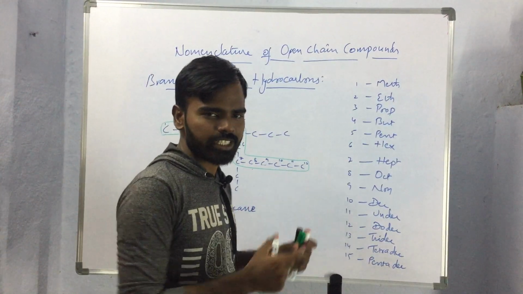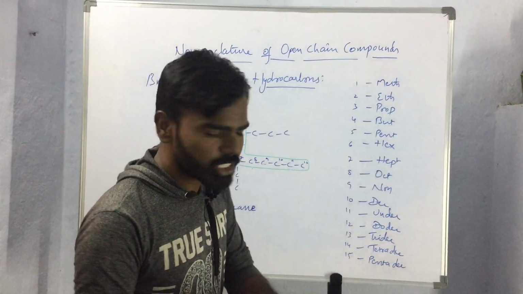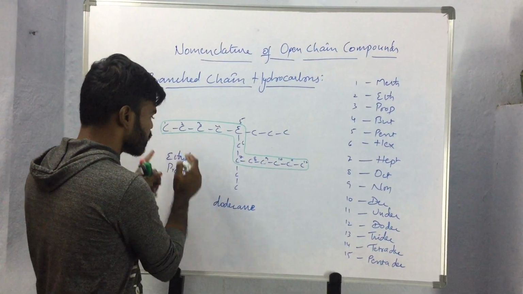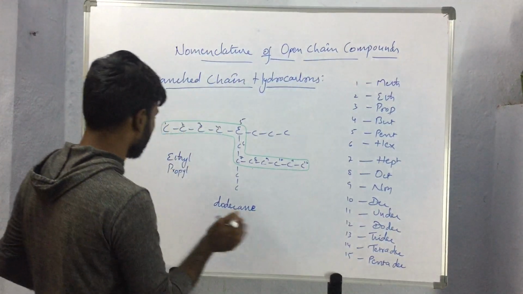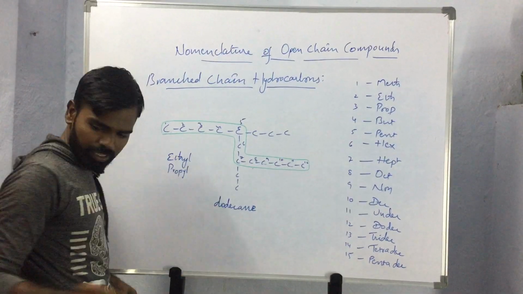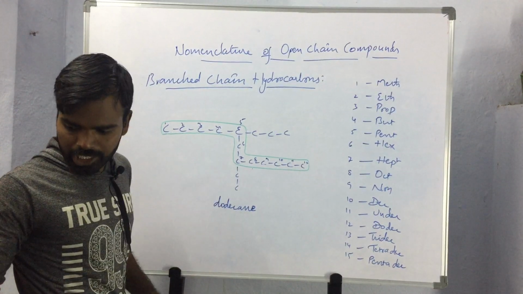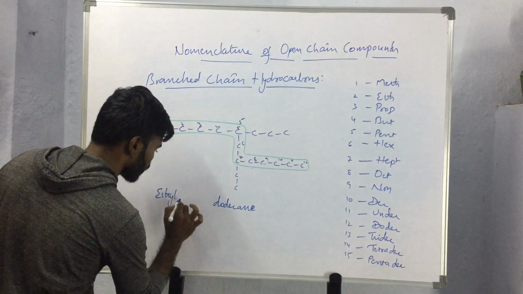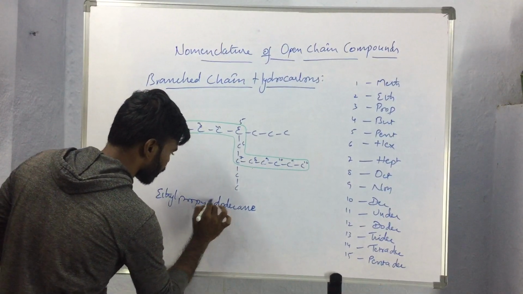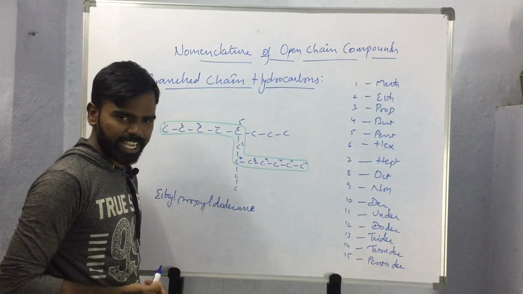In such conditions, we have to arrange the names of these substituents in alphabetical order. So E will come first in alphabetical order. So the names will be arranged as ethyl, propyl. So the name of the compound will be ethyl propyl dodecane.